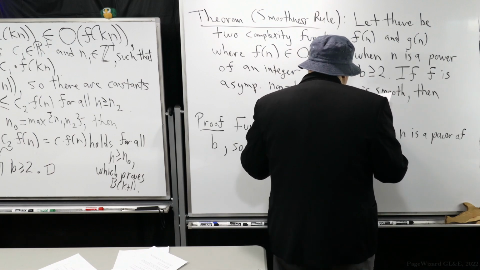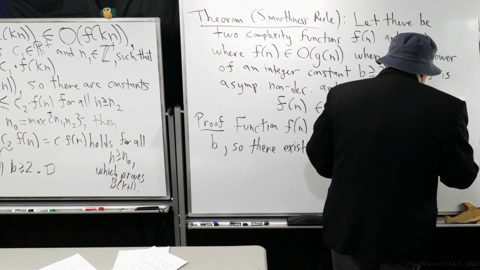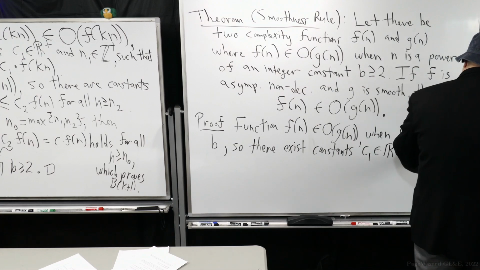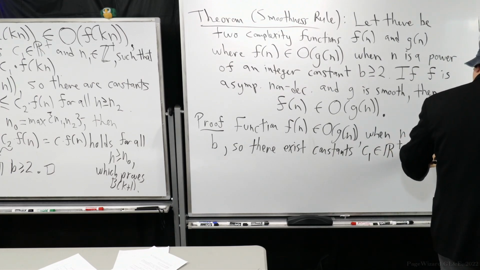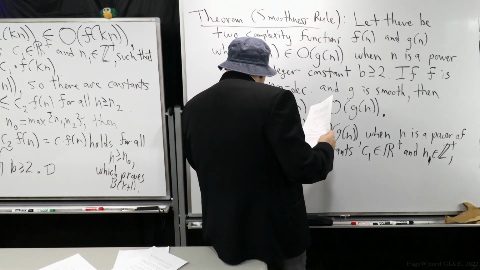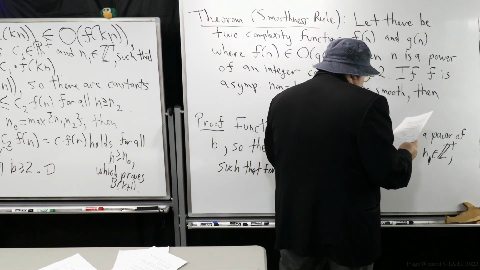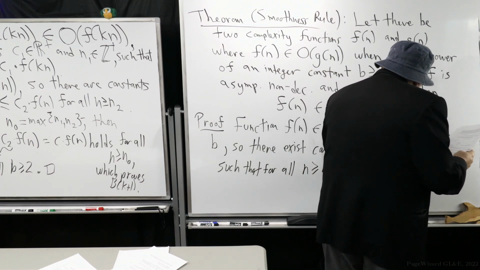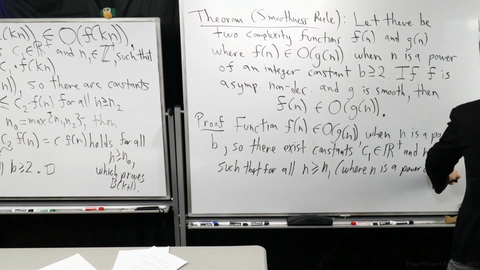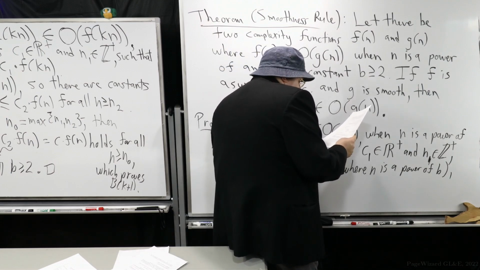So there exist constants, I'm going to call them C1 and n1, where C1 is a positive real number and n1 is a positive integer, such that for all n greater or equal to n1, where n is a power of b, that's an important bit of this, then we know that f of n is less than or equal to c1 times g of n.